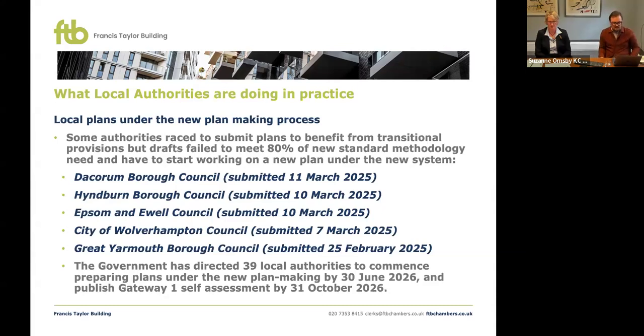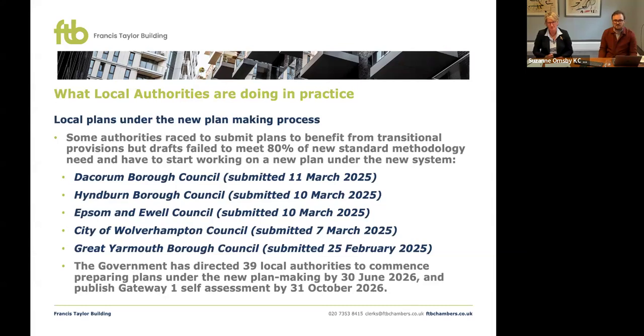essentially starting again. And it's very important to note also, as some of you may be aware, that there are some local authorities who were not necessarily in the course of producing new plans, or who had a challenging housing land supply position, that the government directed to commence making plans under the new plan making system, 39 in total.